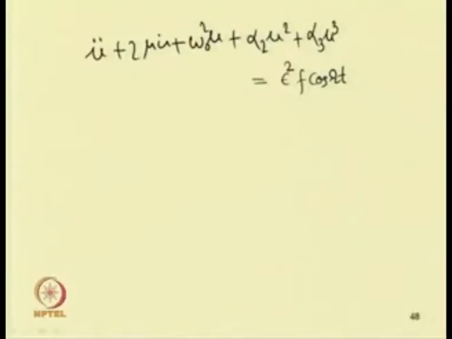Let me take the damping of the order of epsilon square, and this quadratic nonlinearity, let us take it of the order of epsilon, and this cubic nonlinearity, let us take of the order of epsilon square.